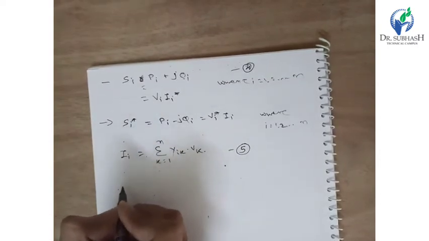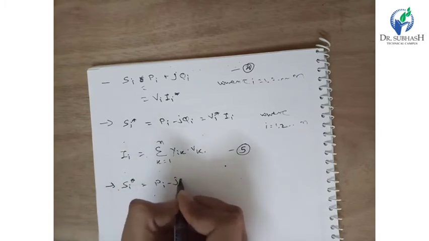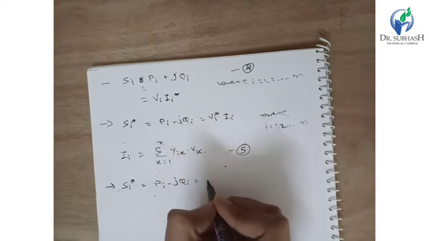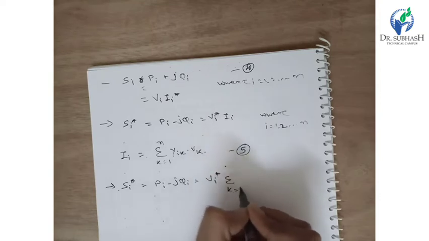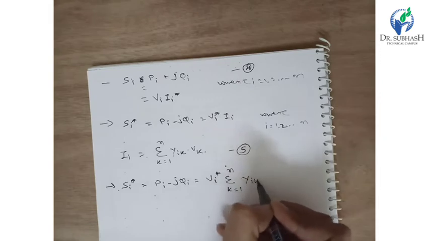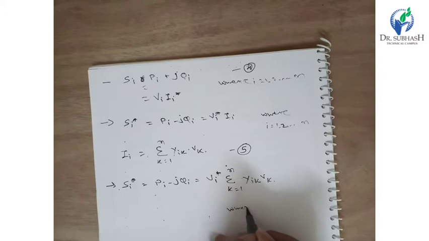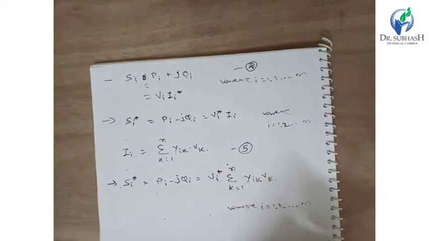So we can write Si conjugate is equal to Pi minus jQi, which is equal to Vi conjugate into the sum over k equal to 1 up to n of Yik into Vk, where i is equal to 1, 2 up to n.